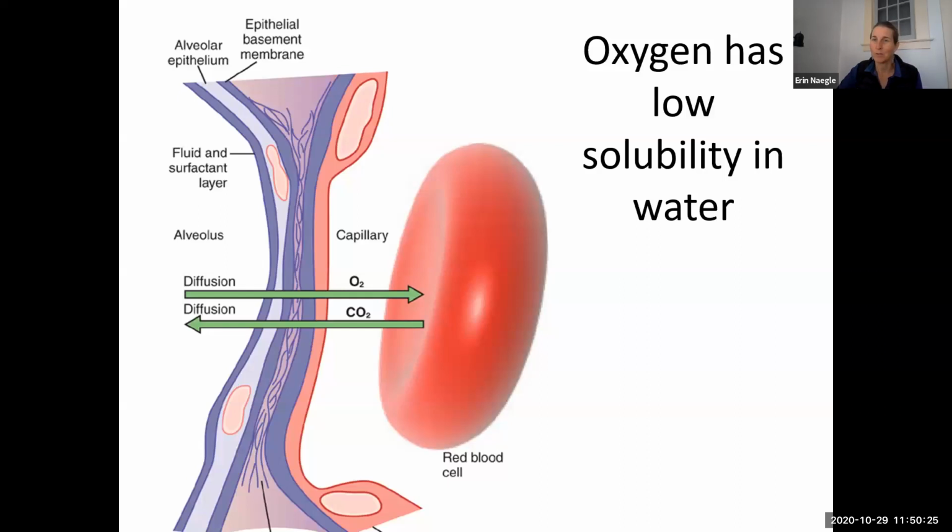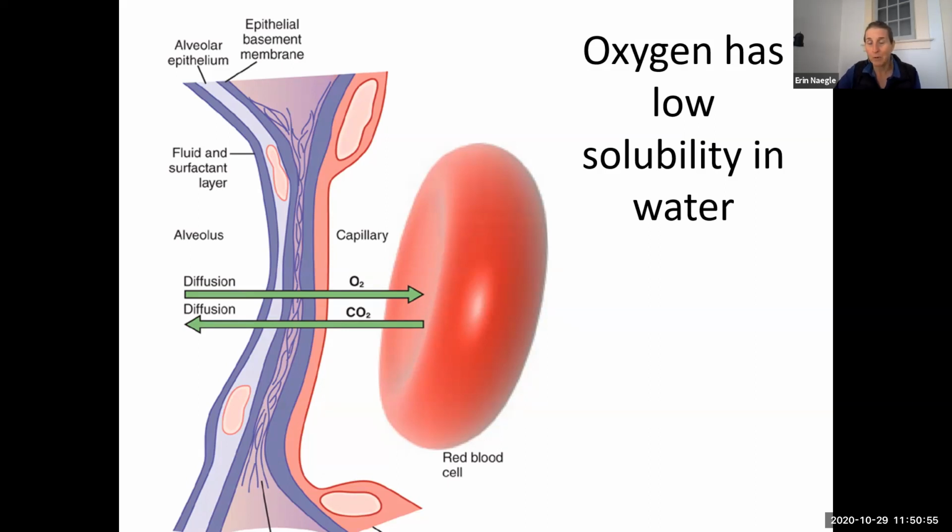So what is your body going to do about that? It's going to make red blood cells. The reason why having red blood cells is adaptive and needed is because oxygen has such a poor solubility in water. While you're carrying some of your oxygen around in your blood plasma, most of it's being carried around inside of these red blood cells because the oxygen binds and has a high affinity for the hemoglobin.